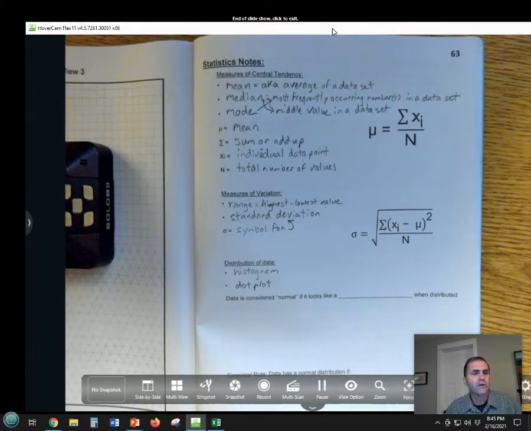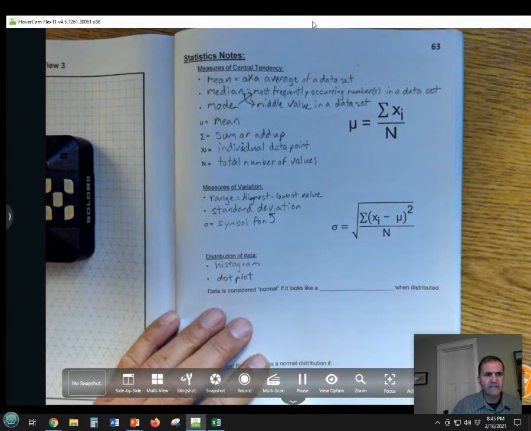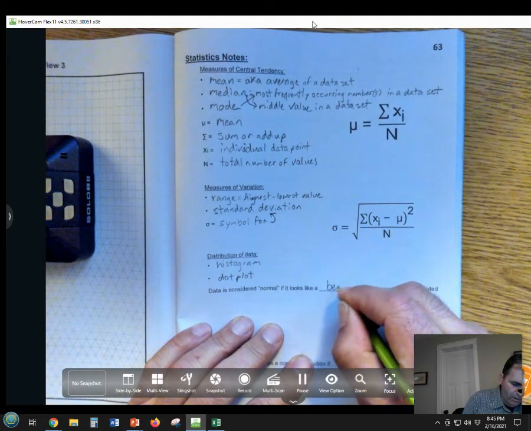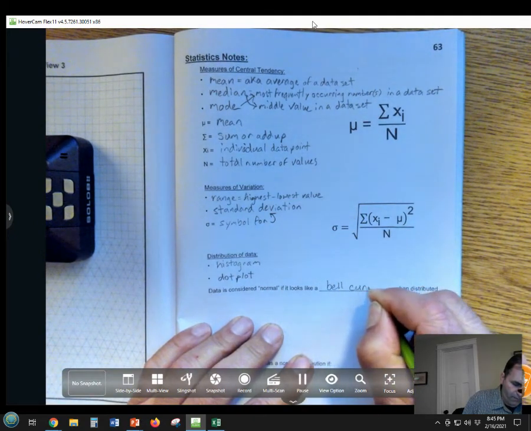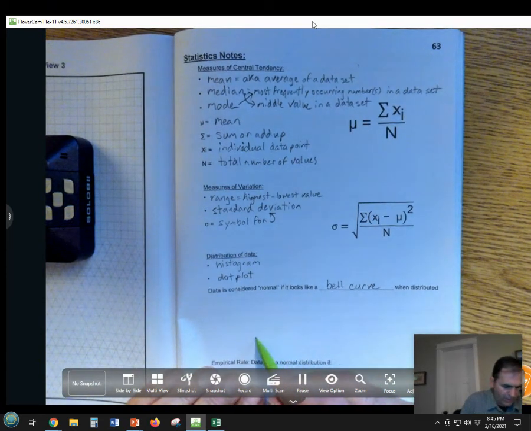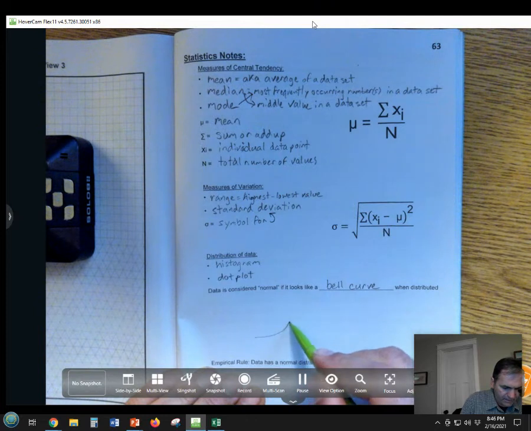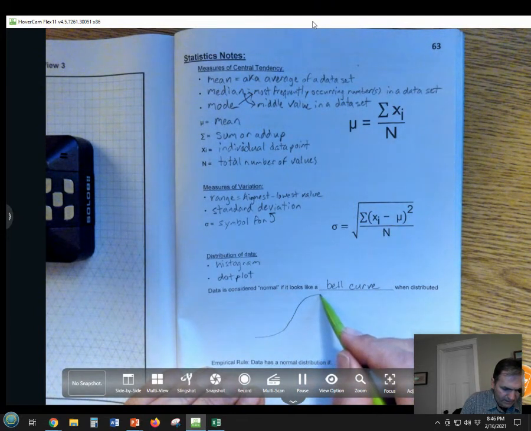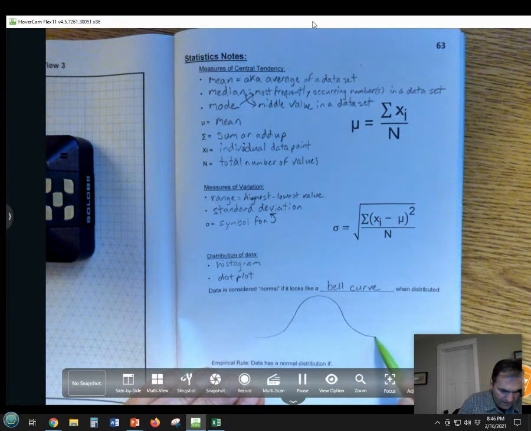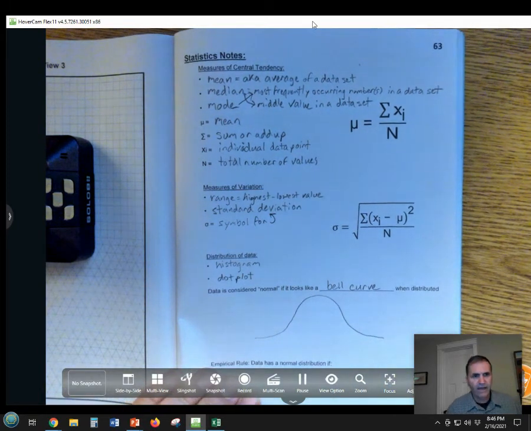So let's say data is considered normal if it looks like a bell curve when distributed. Let's draw a little picture of what that's going to look like. It goes up sort of steep, makes a curve like this, and then it comes down like that.